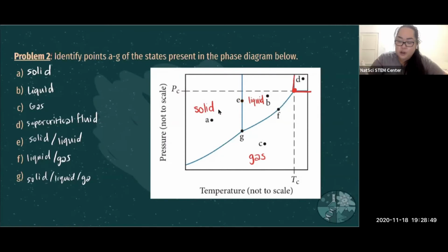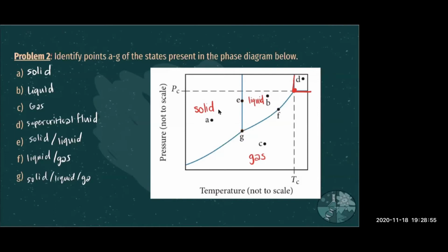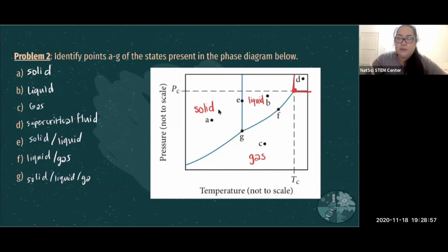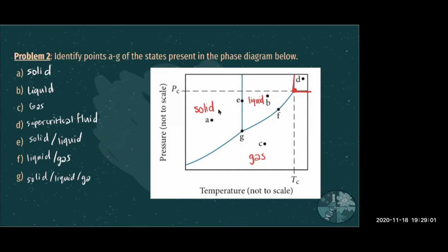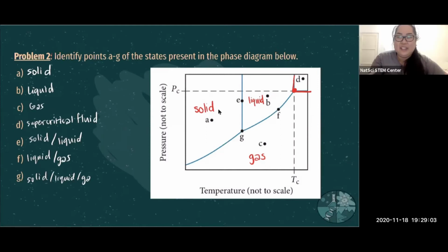It's kind of like the triple point, but at a higher pressure, so things are all fluid. It isn't really a liquid anymore, so it's a kind of weird in-between.